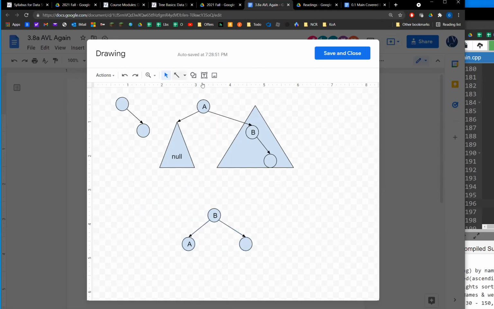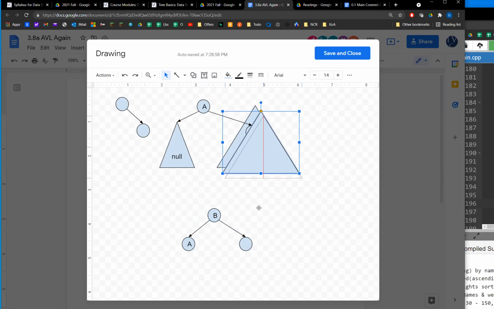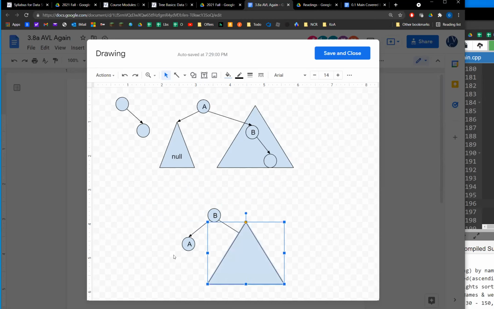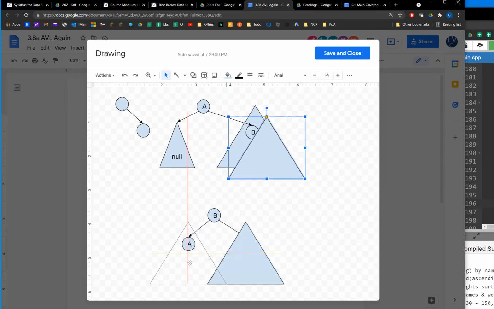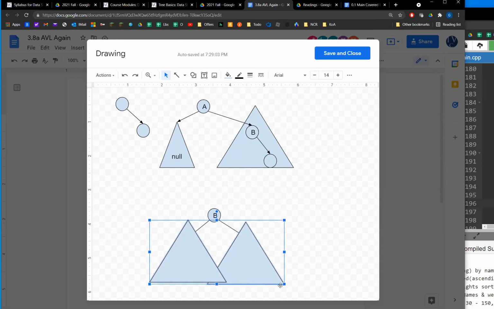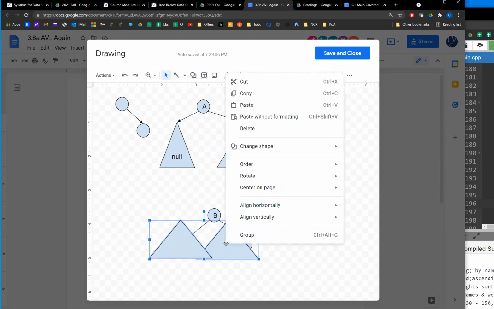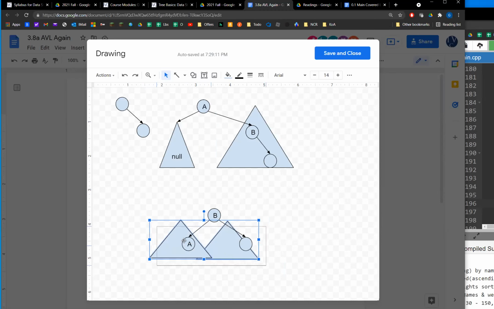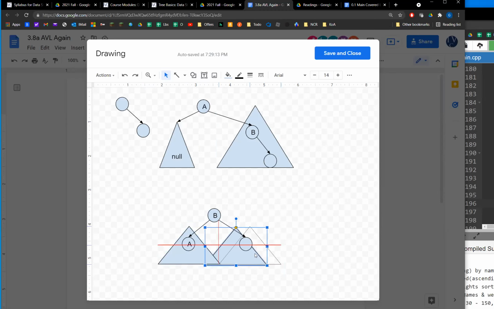Now, if we go ahead and look at the heights of our subtrees, we see that they have the same number of levels or the same height. In whichever way you want to look at it, it's effectively going to give you the same style of metrics.